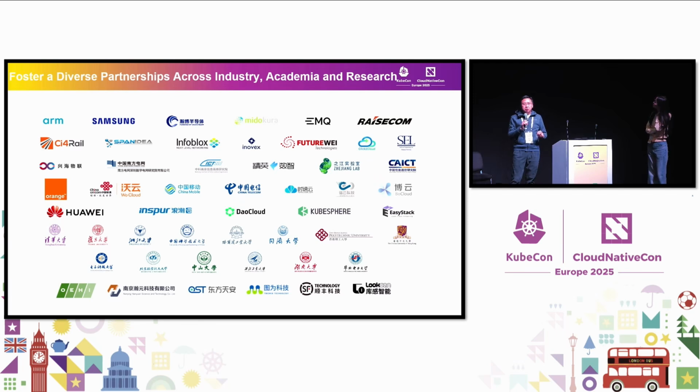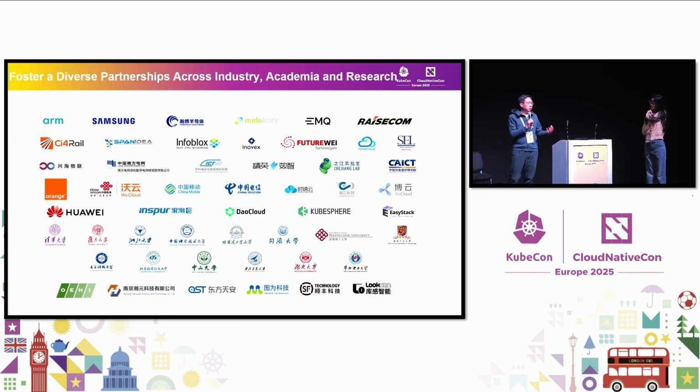So it is very important to foster a diverse partnership and ecosystem which can cover all the communities, universities, and industry companies. Here we list a few key partners in our community. It covers some industry companies.